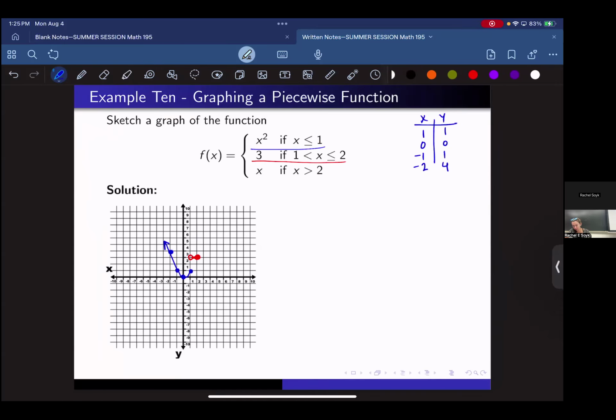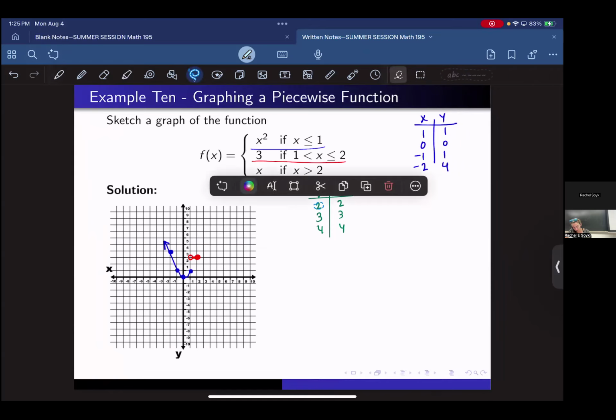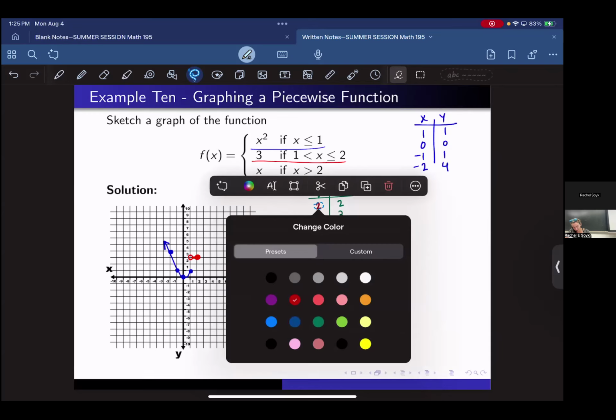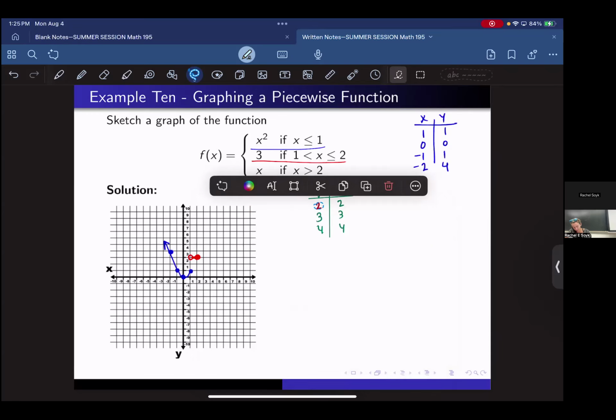And then finally, we have the last part, nice linear function when x is greater than 2. So at 2, we have 2. When it's 3, we have 3, 4, we have 4. But the 2's are going to be in red because we're not including them. Open circle.